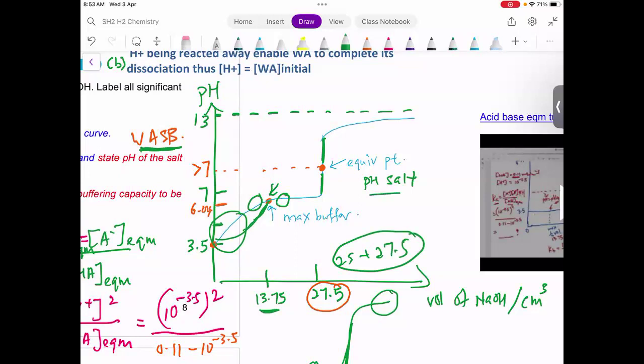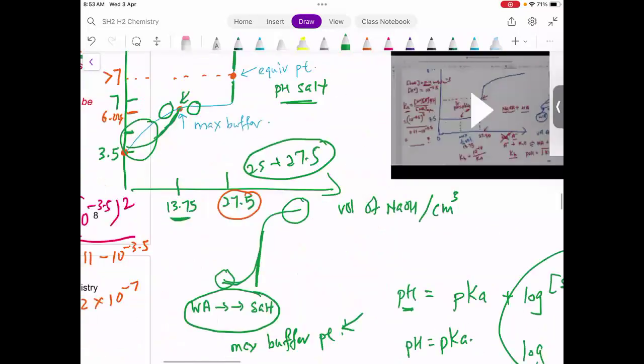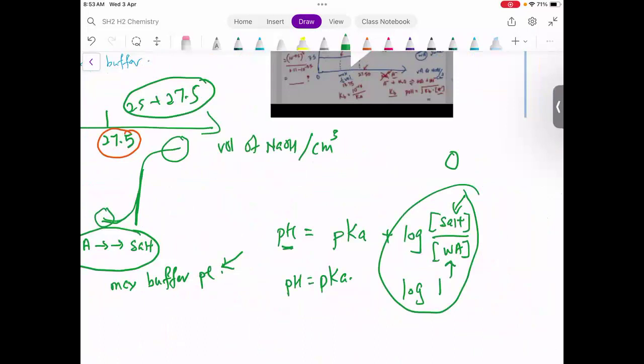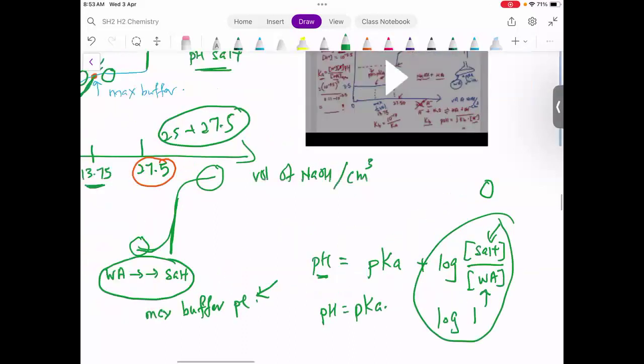If it's the max buffer, no need to calculate because your ratio will be 1:1 anyway, so pH will equal pKa. No need to consider dilution. So dilution is just for the salt, to determine its pH. Okay.